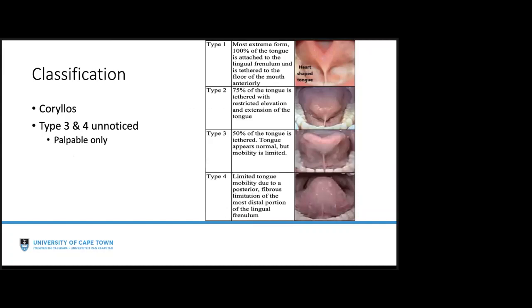In type 3 tongue tie, 50% of the tongue is tethered, and the tongue can appear normal, but the mobility of the tongue is limited. This is also the case in type 4 tongue tie, where there's limited mobility of the tongue due to a fibrous posterior band and limitation of the most distal portion of the lingual frenulum.